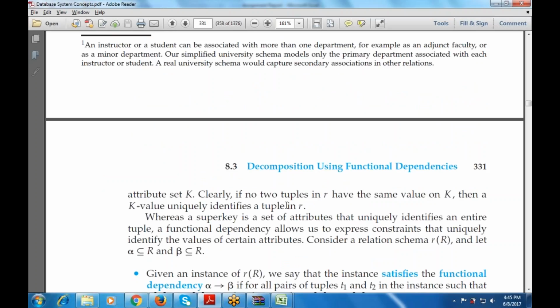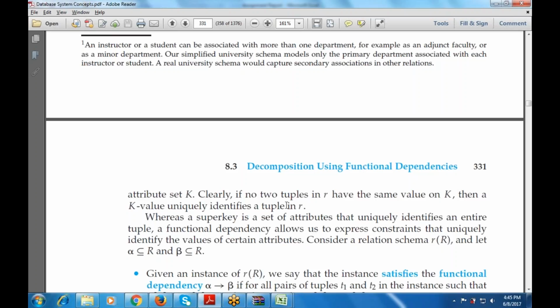Now, if no two tuples in R have the same value on K, then a K value uniquely identifies a tuple in R. Whereas a superkey is a set of attributes that uniquely identifies an entire tuple, a functional dependency also allows us to express constraints that uniquely identify the values of certain attributes.